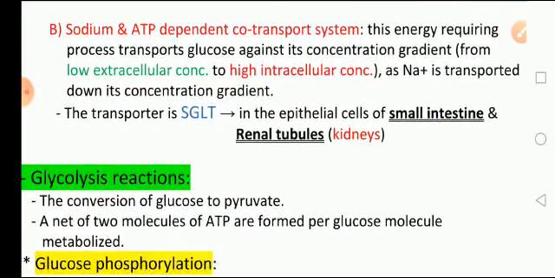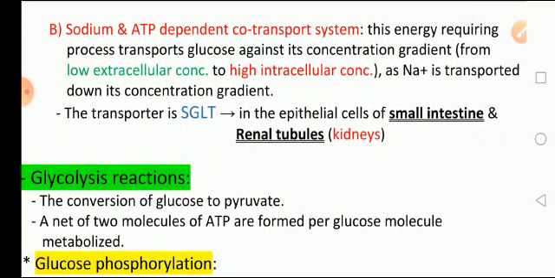This means glucose will be transported against its concentration gradient, from low extracellular to high intracellular. But the sodium will be transported down its concentration gradient. This occurs in the renal tubules of the kidney.